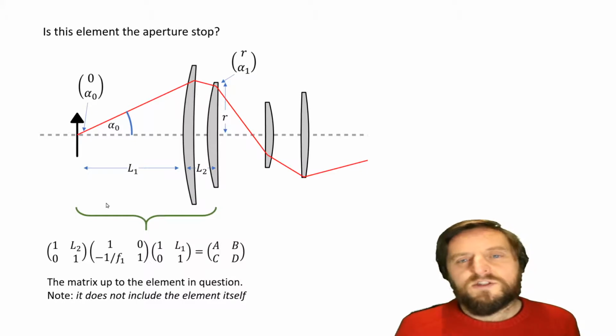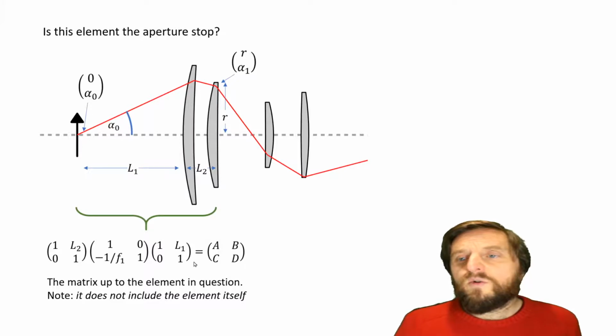So what I could do is work out what that matrix is from here to the second lens, to the lens that I'm interested in. My transfer matrices would be a translation matrix for this first distance, my matrix for my first lens, and then another matrix for my distance here.